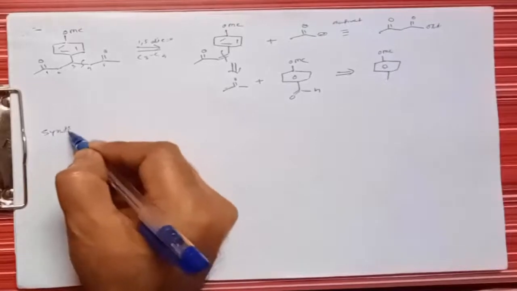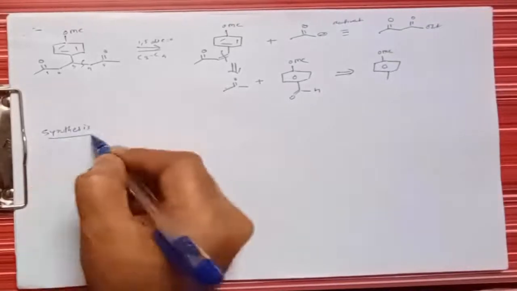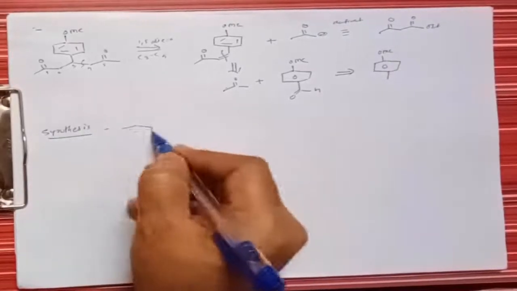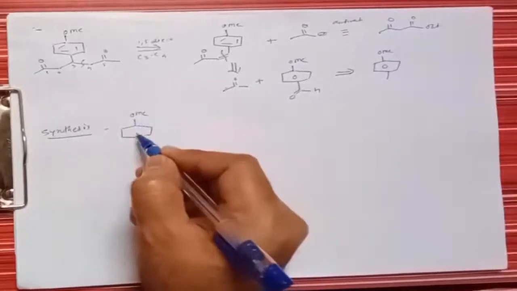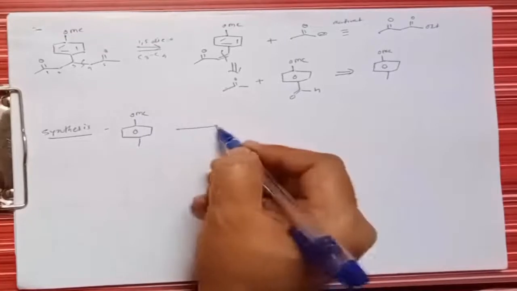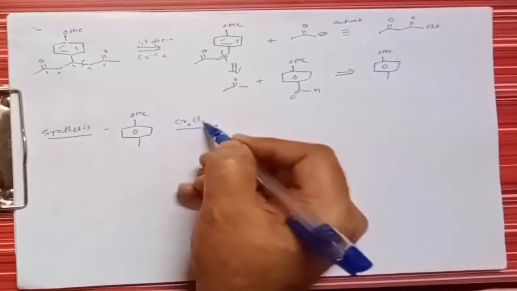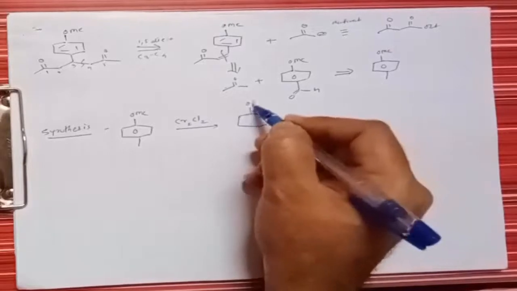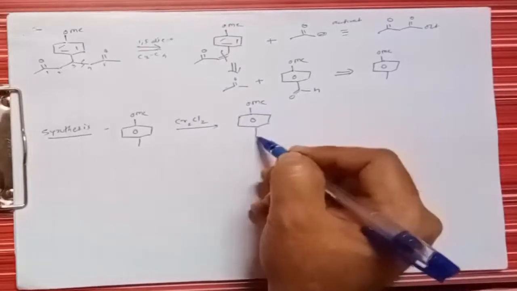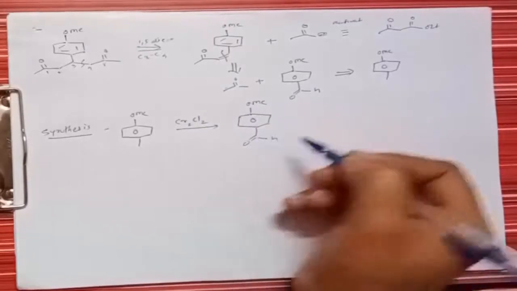Synthesis. In the synthesis you can take this para-methoxytoluene, right, in the presence of chromium chloride, CrO2Cl2, it gives formation of a molecule like this, that is a benzaldehyde.